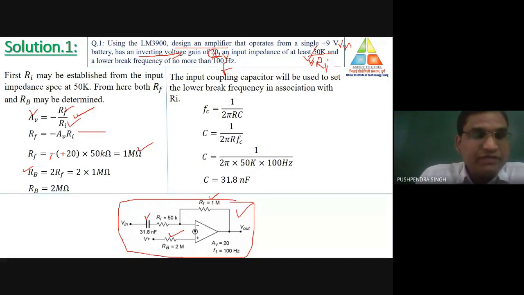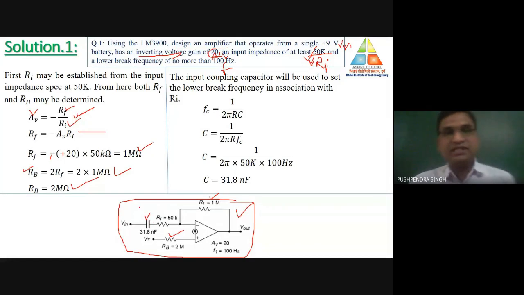Now RB is what? RB is twice of RF. So 2 into 1 mega, that will be equal to 2 mega. Very easy, na? Only with the help of two formulas you have calculated these parameters. Now the third one is the coupling capacitor. So the coupling capacitor depends on the break frequency. Already many times we have discussed, in the case of the coupling capacitor, how to calculate the value of break frequency.